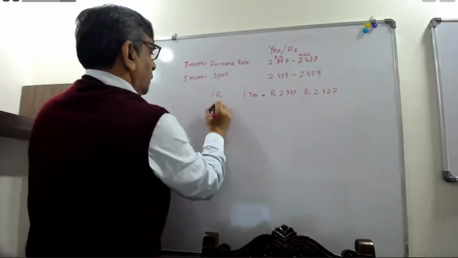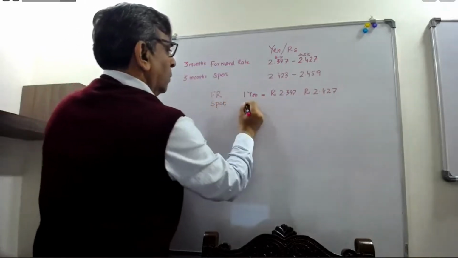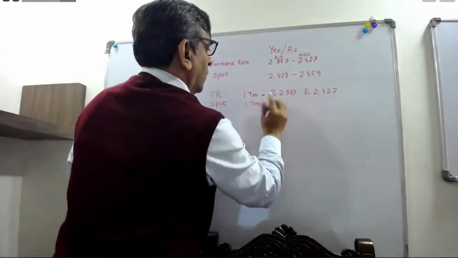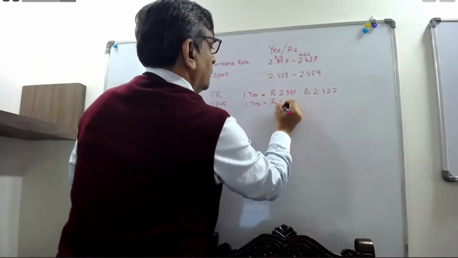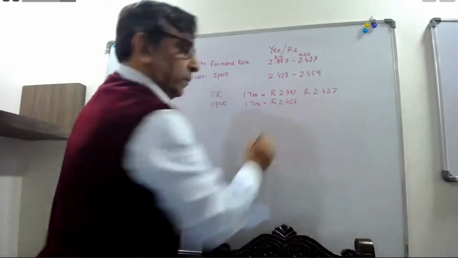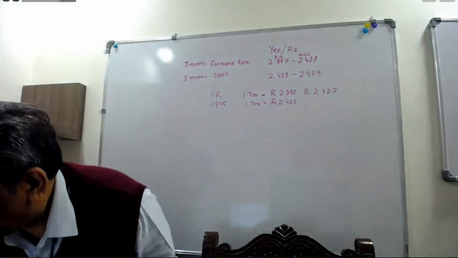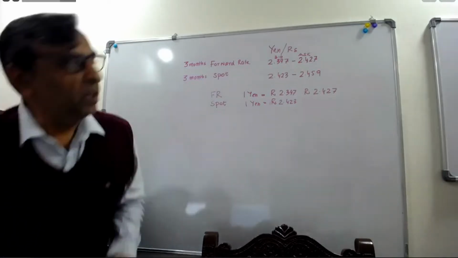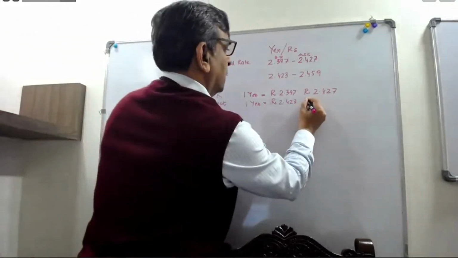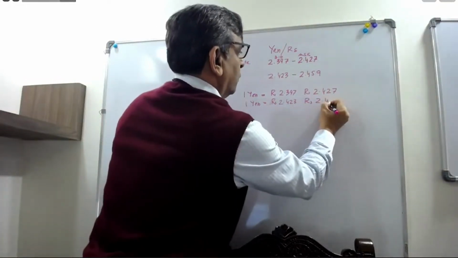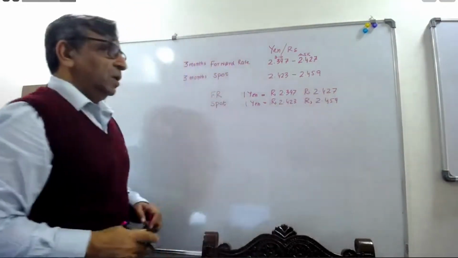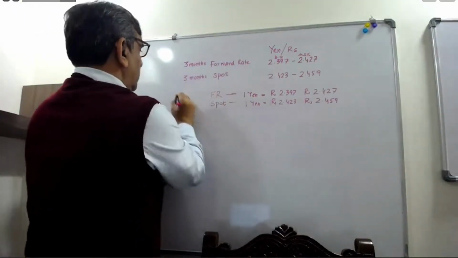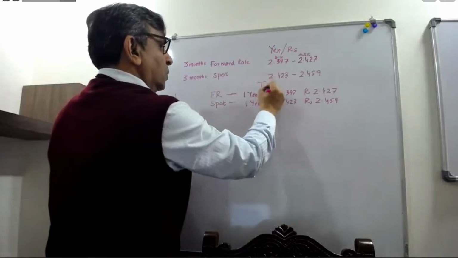And the spot rate after 3 months is also given to you: 1 yen is equal to rupees 2.423 and rupees 2.459. So these are the quotes which are given to you. Now, these are all indirect quotes.